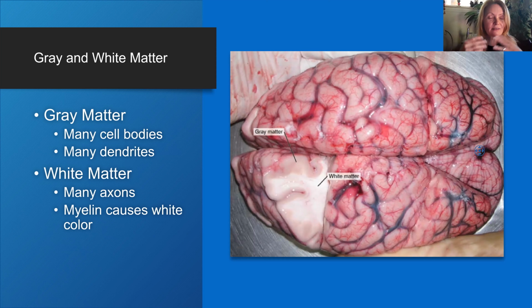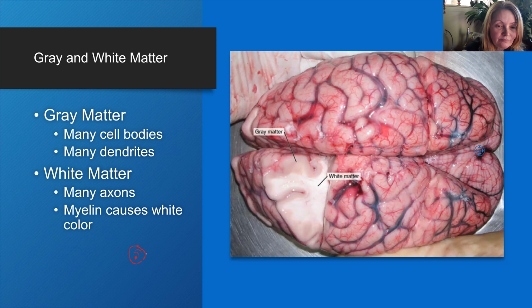So let's make sense of it. If I want to draw a neuron, I'm horrible at drawing, but I would draw a cell body. This is where you find the nucleus, ribosomes and endoplasmic reticulum, all these organelles.